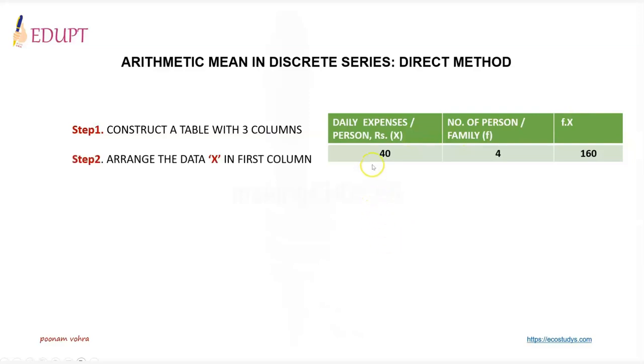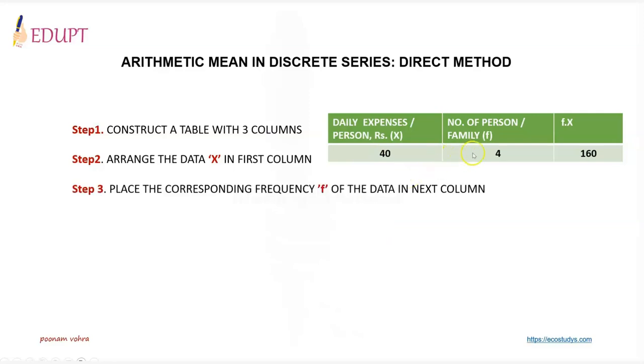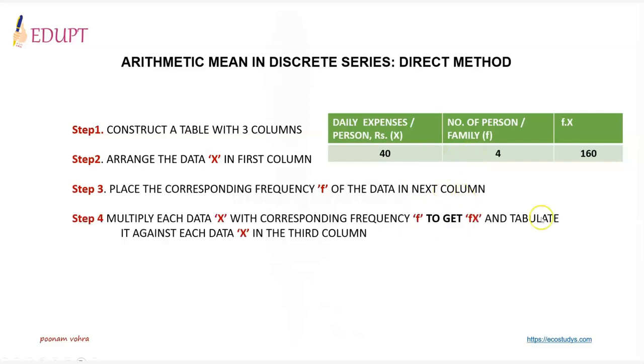Then you need to arrange the data X in the first column. Then place the corresponding frequency F of the data in the next column. And then multiply each data, that is X, with corresponding frequency, that is F, to get Fx, and tabulate it against each data in the third column.